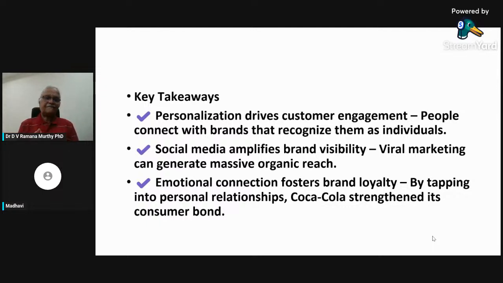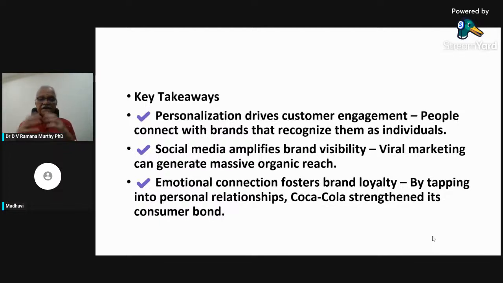Personalization is there, and social media amplifies brand visibility. Viral marketing happens thanks to social media; engaging in social media campaigns has generated massive organic reach. A wholesome market can be reached by you.